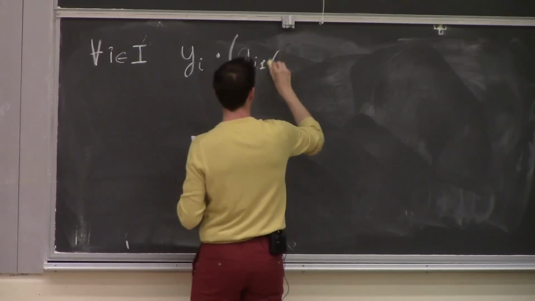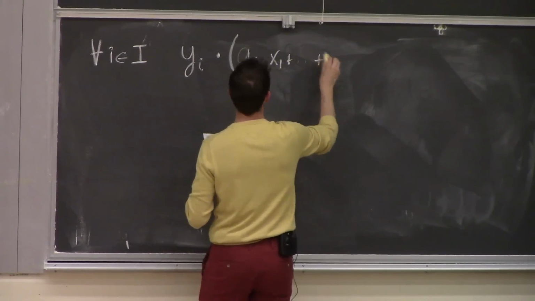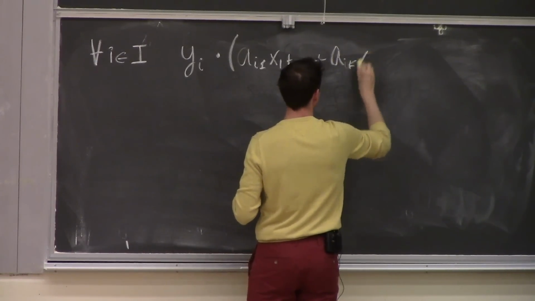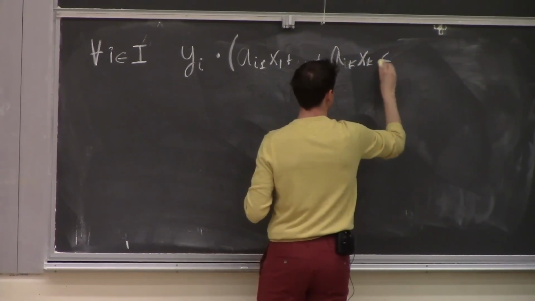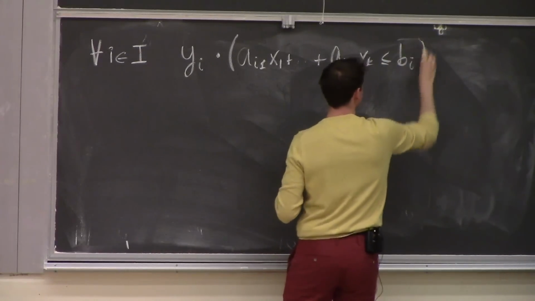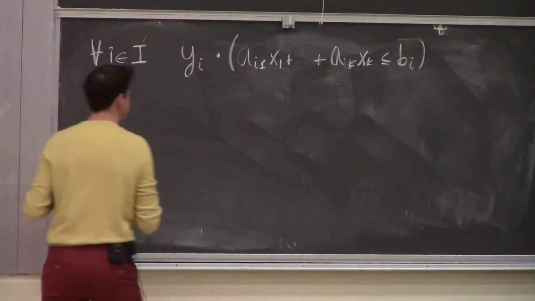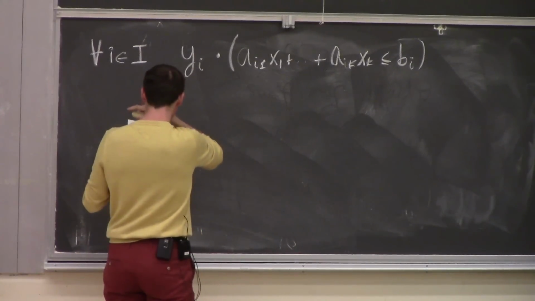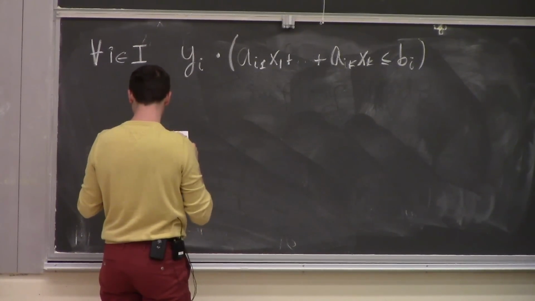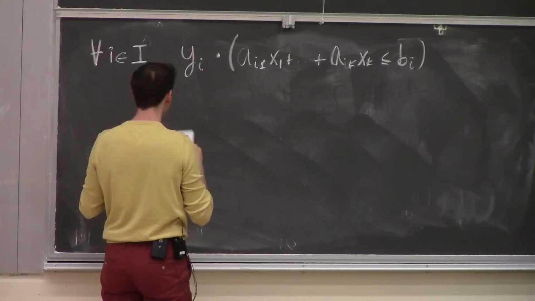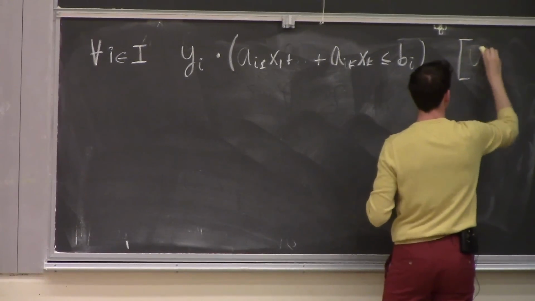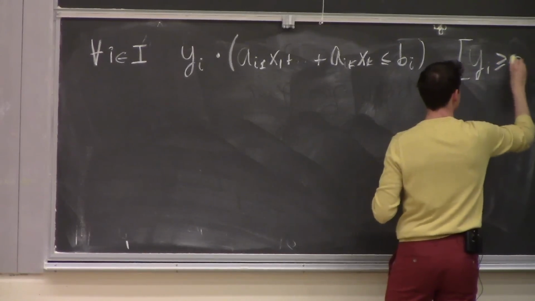So I'm just rewriting the inequality: a_i1 x1 plus blah, blah, blah, a_ik xk, less than or equal to b_i. Because this one is an inequality, we're also going to assume that y_i is non-negative.